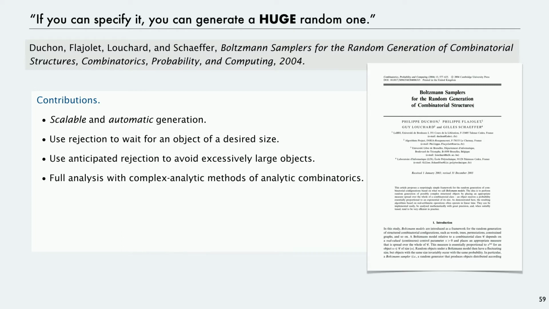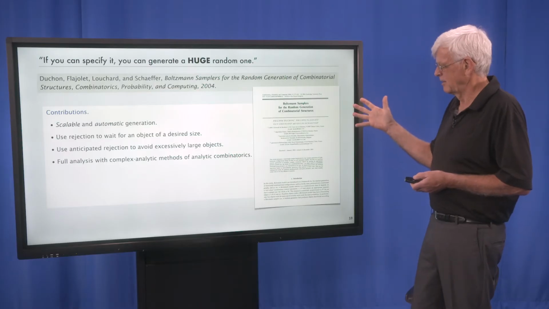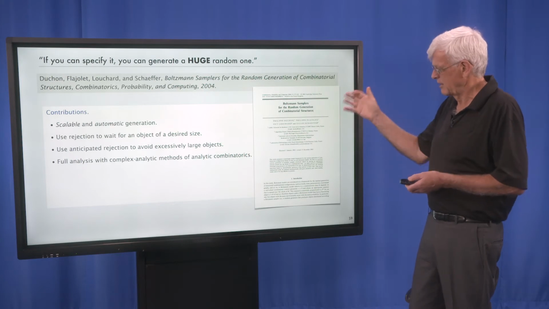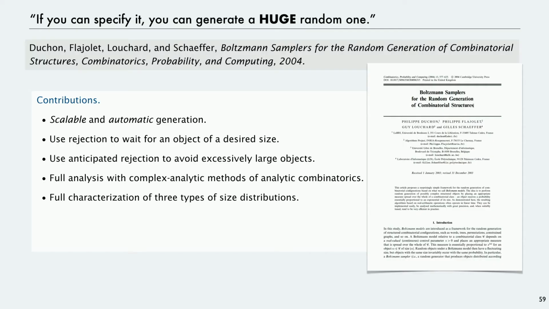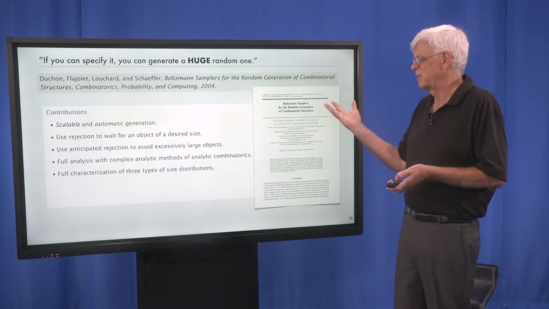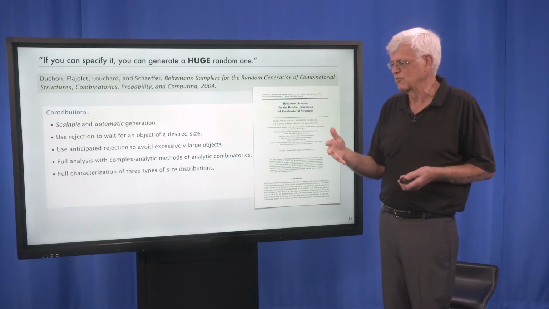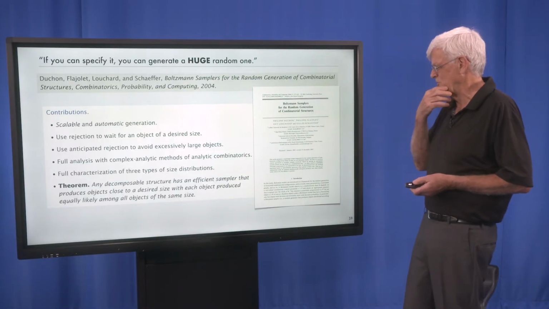And again, a very important part of every Flajolet paper is a complete analysis using complex analytic methods of analytic combinatorics that completely tell us the performance of these samplers. There's a full characterization of 3 different types of size distributions that might show up depending on characteristics of the combinatorial class in question.